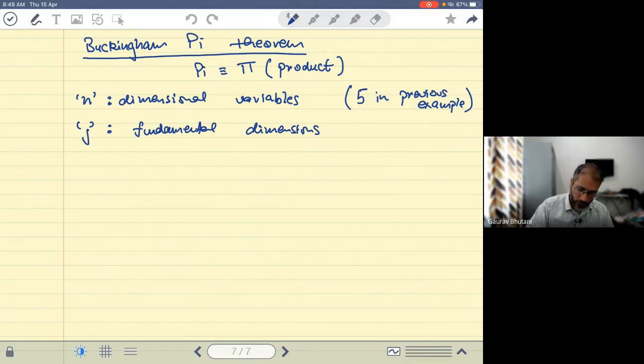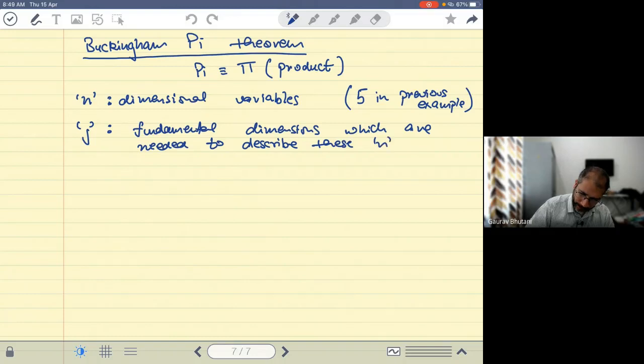And we have j fundamental dimensions which are needed to describe these variables. In this case, the fundamental dimensions you need are mass, length, and time. So j is equal to 3 in the previous example.